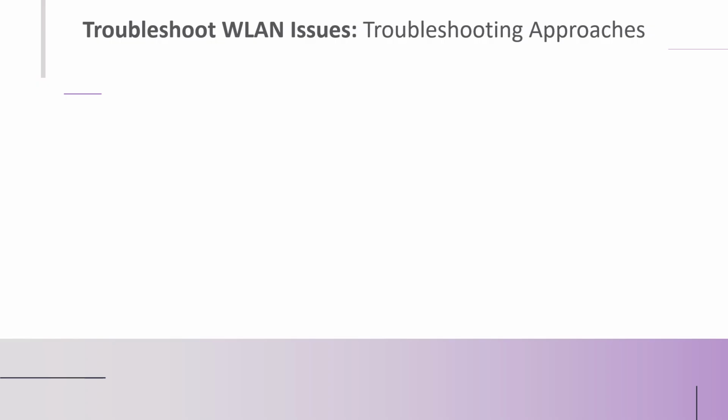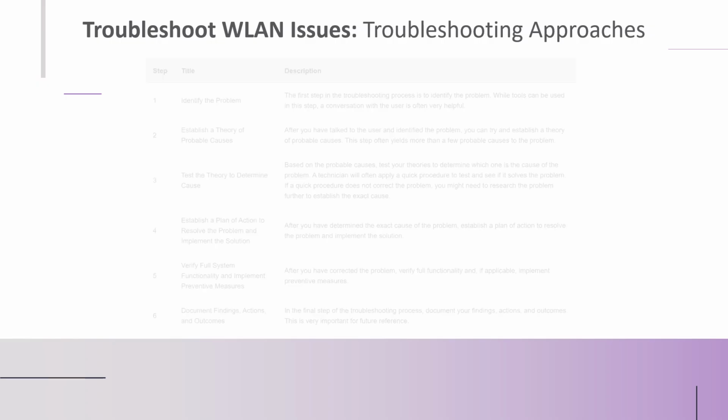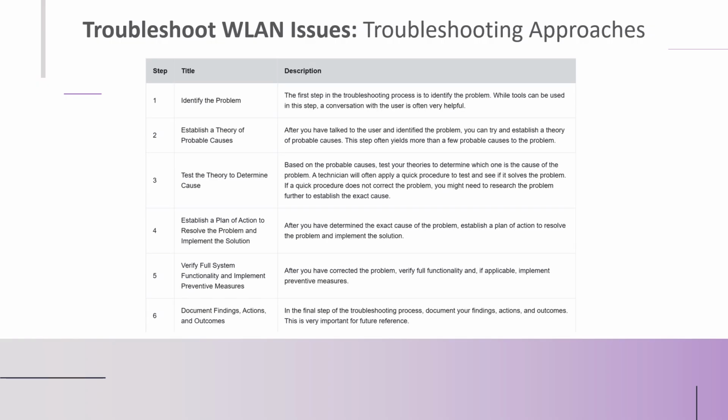Troubleshooting any sort of network problem should follow a systematic approach. A common and efficient troubleshooting methodology is based on the scientific method and can be broken into 6 main steps, as shown here in this slide. The first step is identifying the problem. Then you have to establish a theory of probable cause.